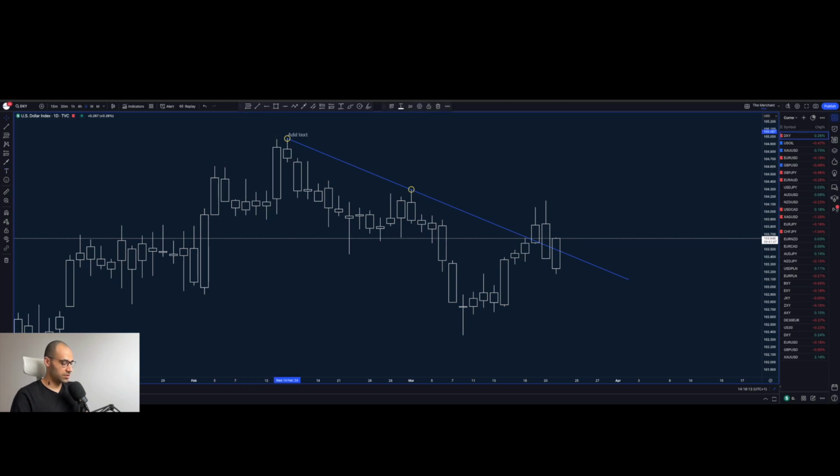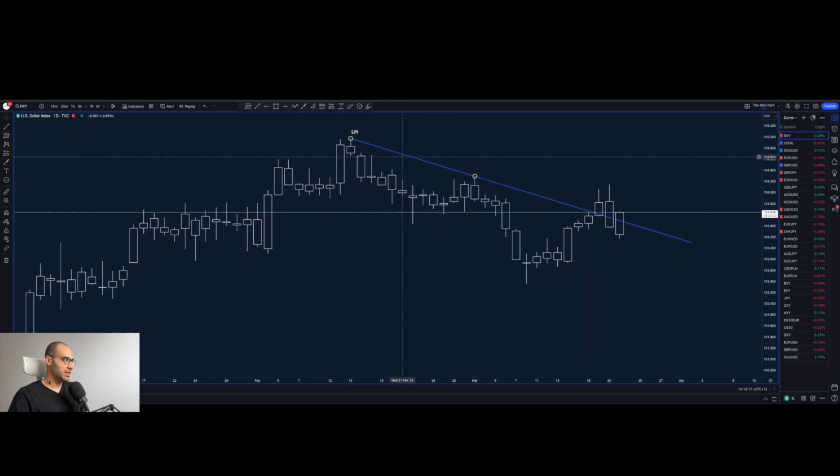So here is our lower high, okay? And here will be our lower low, okay? And here will be our lower high, and here will be our lower low.